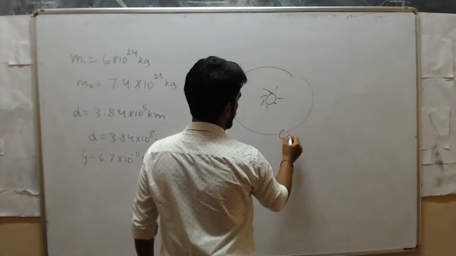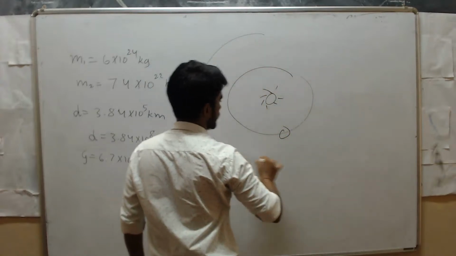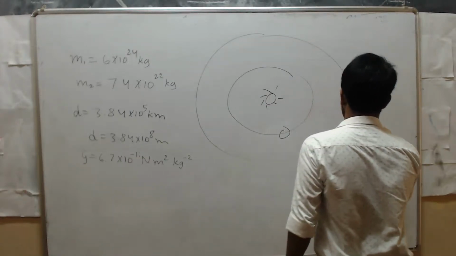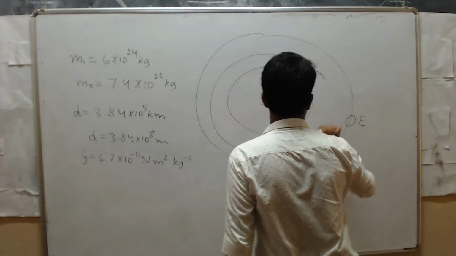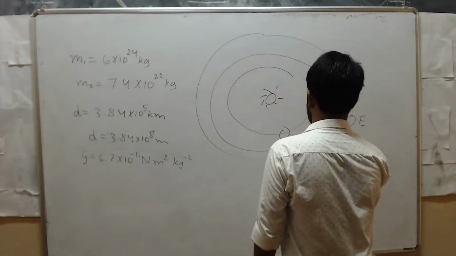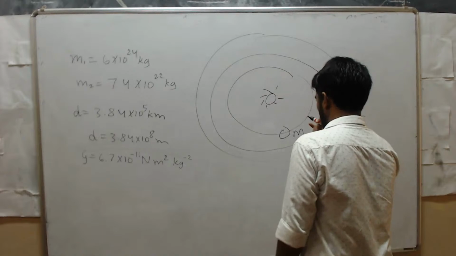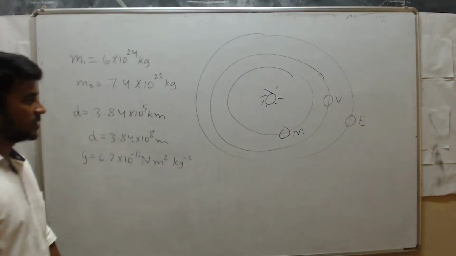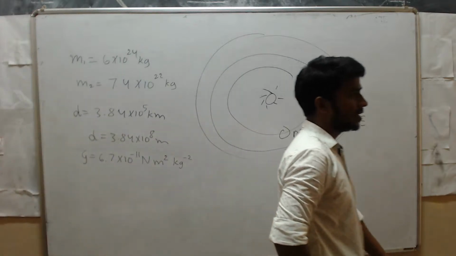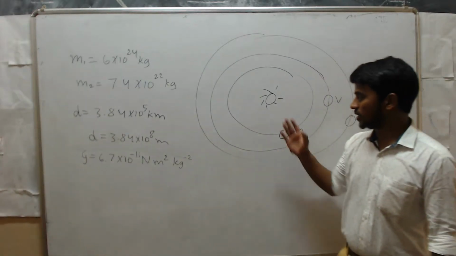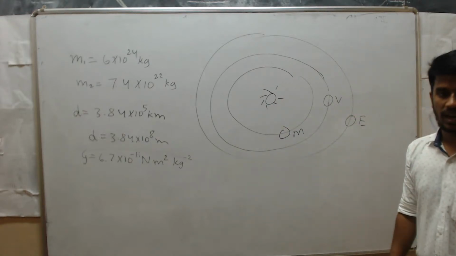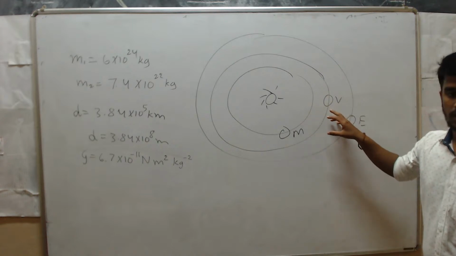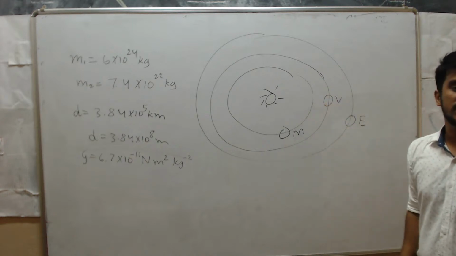So this is Mercury, Venus, and Earth. See here, all these planets are revolving around the Sun. So why? That is due to the gravitational force between the Sun and the planets. See here, continuously these planets are changing direction.